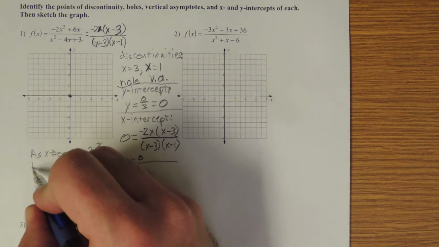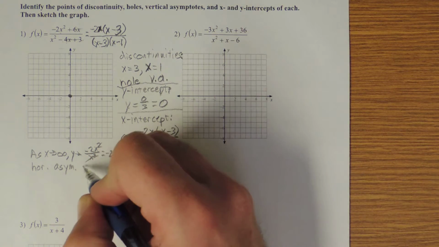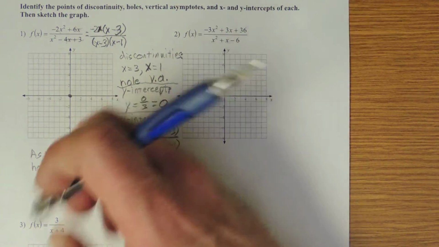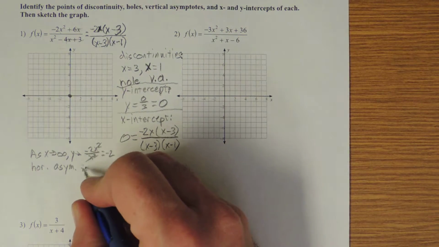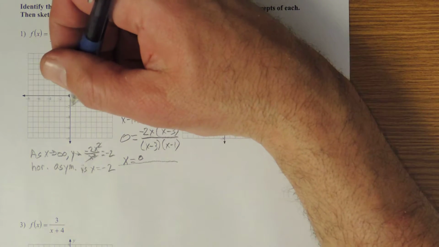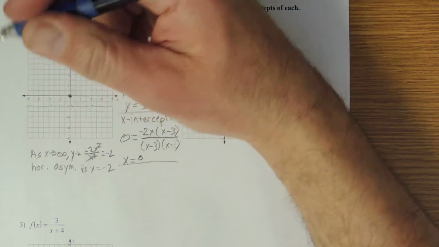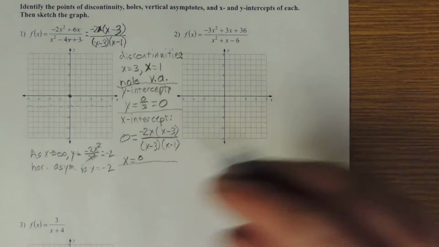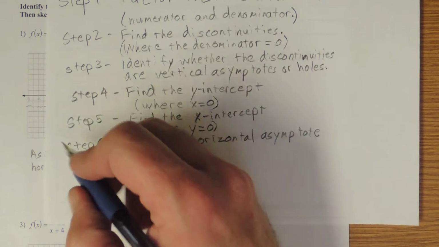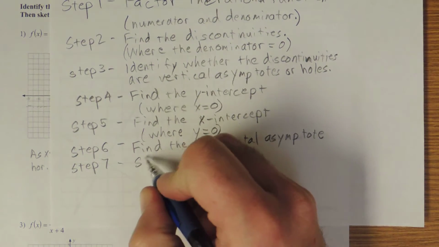So my horizontal asymptote is y equals negative 2. So I will draw that in. Step 7. Sketch the graph.